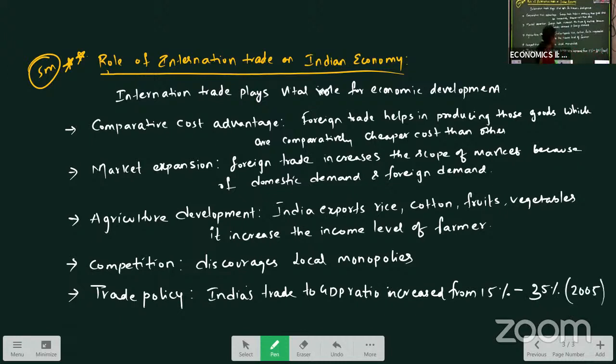Right? That means the trade to GDP ratio. GDP is what? The total value of goods and services we calculate in the country. So the trade to GDP ratio increased from 15% to 35% by the year 2005.